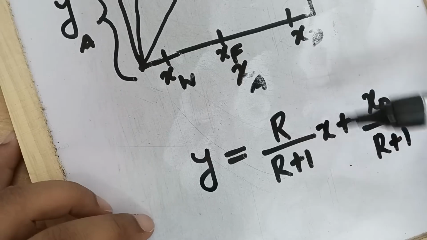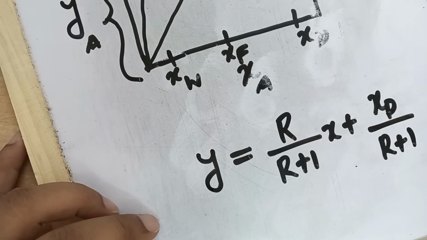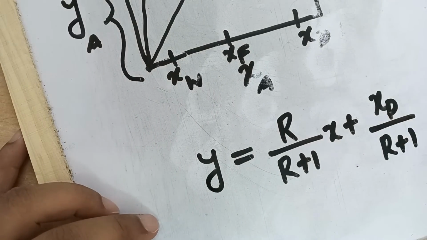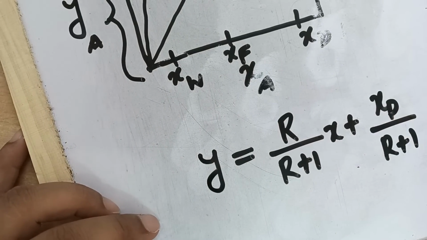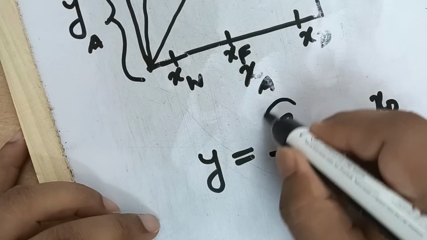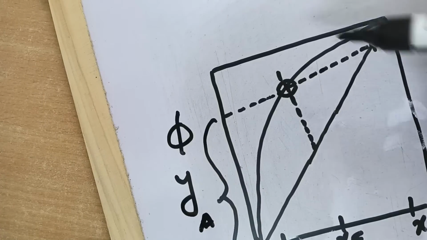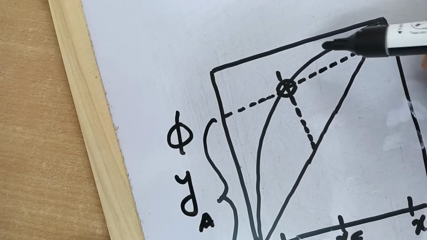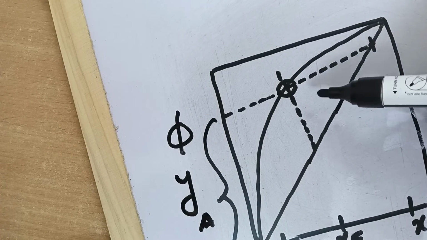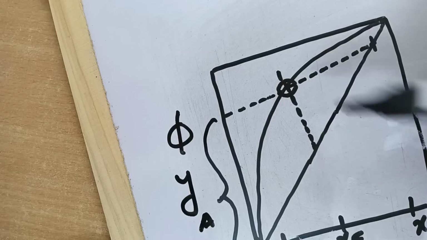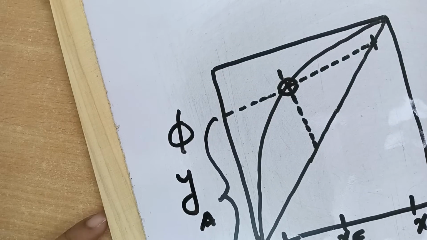Now physically speaking, we are supposed to find R minimum, so the reflux ratio is decreasing. As the reflux ratio decreases, the slope of the enriching section operating line also decreases. So this operating line moves away from the y equal to x line and goes towards the equilibrium line. This is what happens in reality, practically speaking.